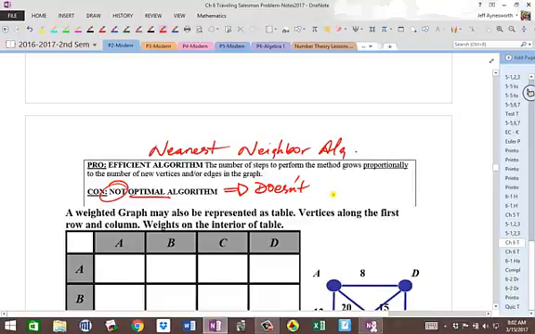You can get a good approximation, you can get close, but it doesn't always give you the exact one. So it doesn't guarantee the minimum, or the cheapest, circuit.